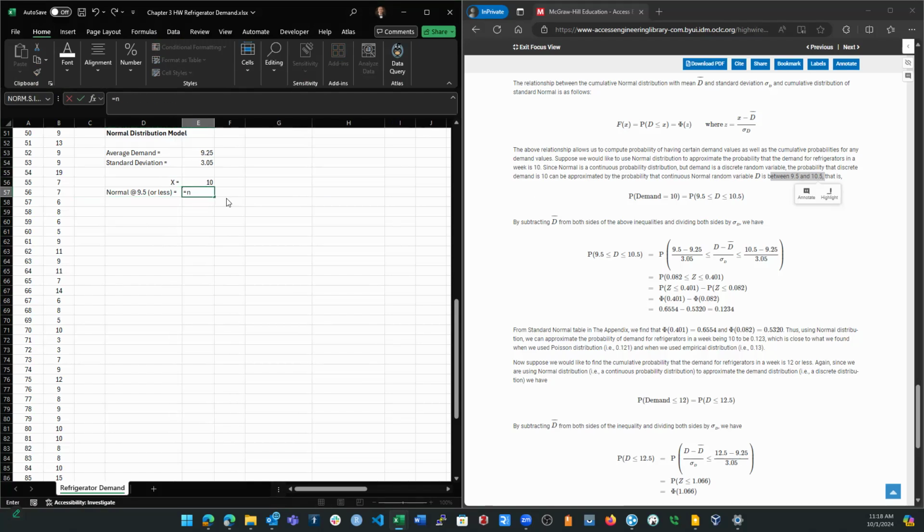The way we do that in Excel is with our normal distribution formula. X is 10, our mean is 9.25, our standard deviation is 3.05, and we're going to do a cumulative distribution function. That's going to give us 0.597.